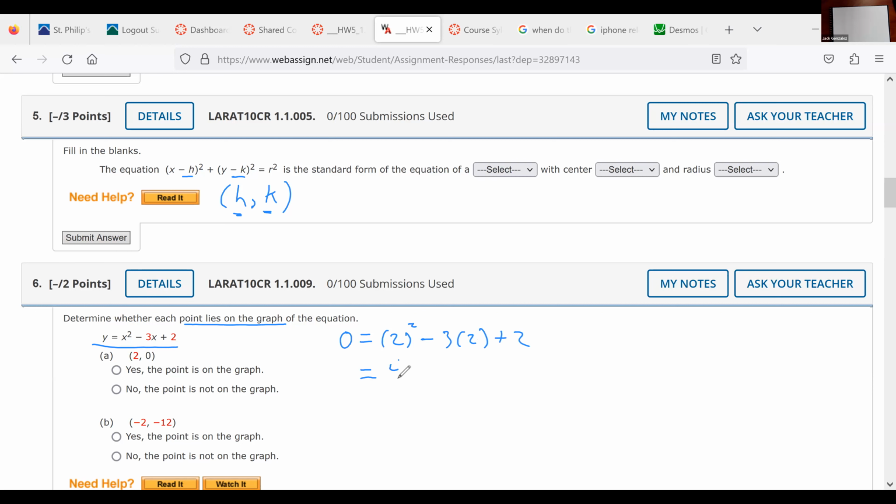So this is 4 minus 6 plus 2. Do I get the same thing on both sides? Is 0 equal to 0? So when you get equality, that means it is a solution, which means it's a point on the graph. All the same thing.